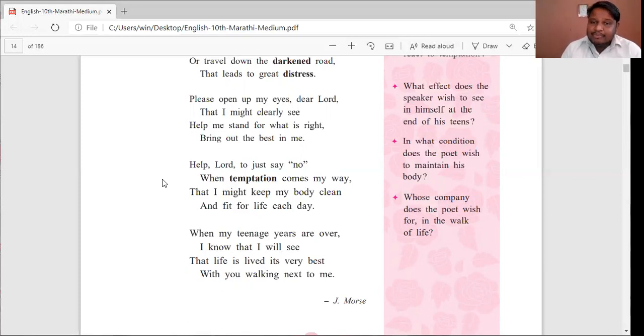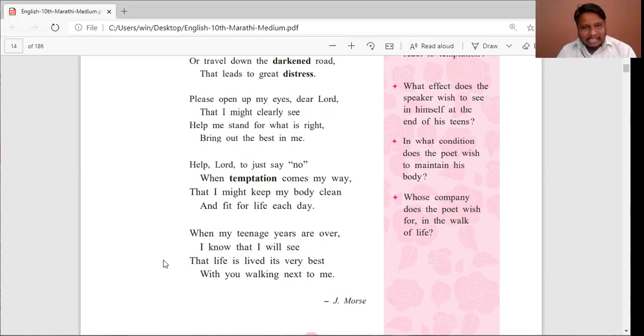Temptation means the condition when only bad things are coming in our mind, and when bad thoughts come in the mind of the poet, at that time the poet wants to say no to those thoughts, and he always wants to keep his body clean, and he wants to live the perfect life. Each day of his life must be perfect. And that's why when the temptation comes in his life, God, please help me to say no to that temptation.